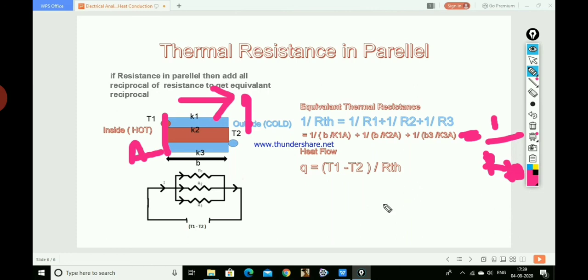Now to get the exact equivalent resistance, just take its reciprocal, and we get the value of RTH. By putting this value in the equation, we get the value of heat Q. Now, it is quite simple.